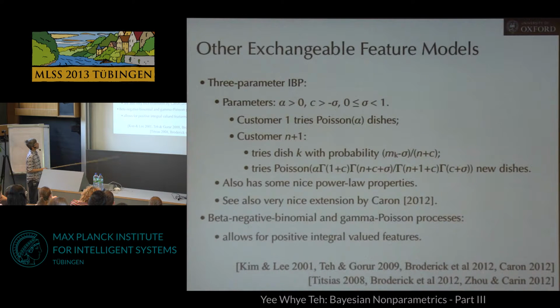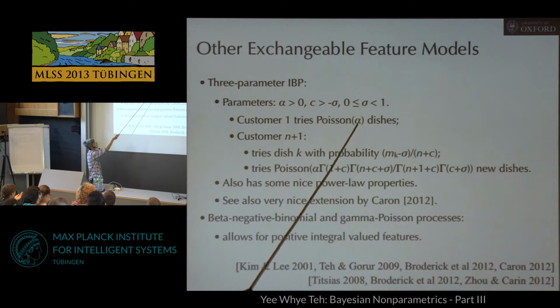I think one nice class of exchangeable feature models is a 3-parameter generalization of the IBP, where the parameters are alpha, the original alpha in the IBP, and then two additional parameters, c and sigma. Sigma actually looks very similar to the discount parameter of the two-parameter CRP.